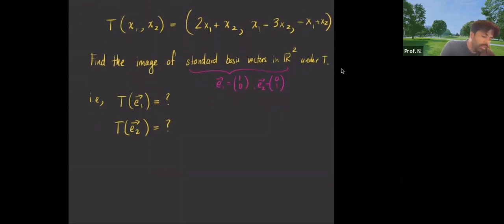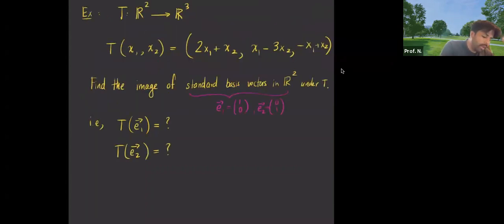The image that you get is the result of applying the transformation to E1. Where is E1 being mapped to in R3? That's really the question. If I take E1 from R2 and put it under this transformation, where is E1 being mapped to in R3?